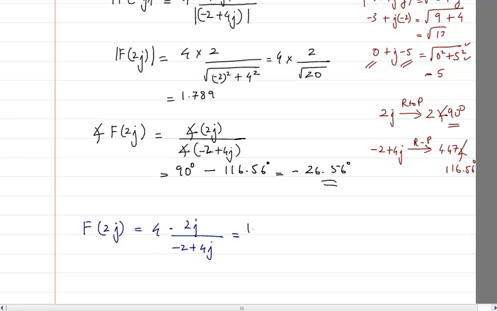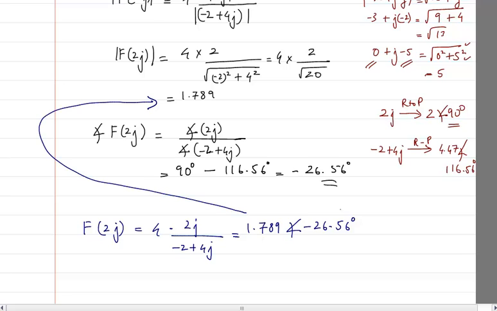You will get the answer as 1.789 with an angle of minus 26.56 degrees, where this is the magnitude part and this is the angle part that we have just discussed. So in a way you can check that answer also. So directly you can get this answer.